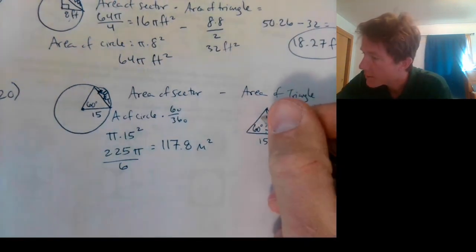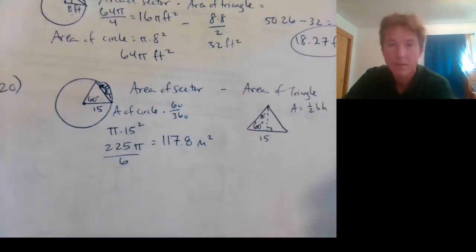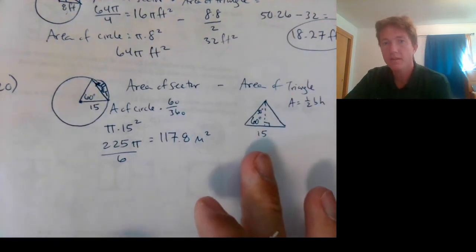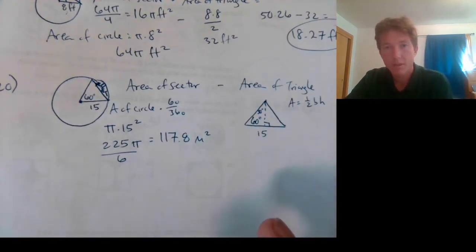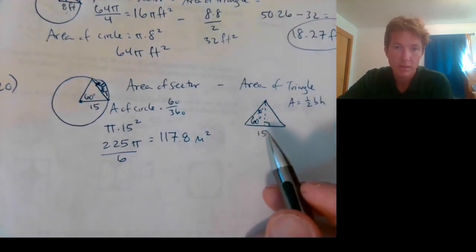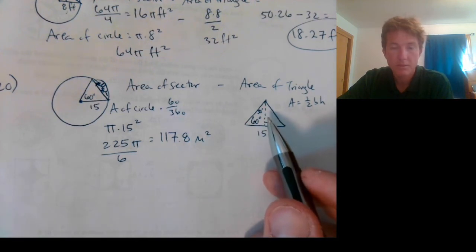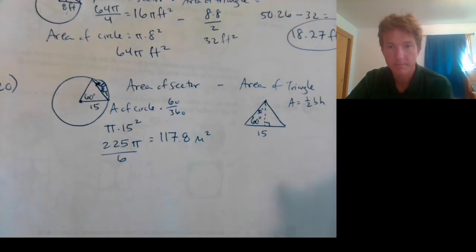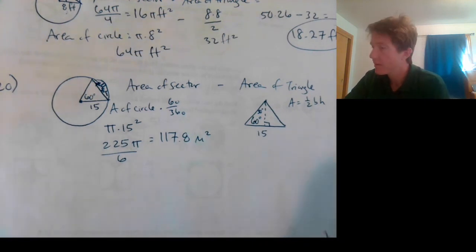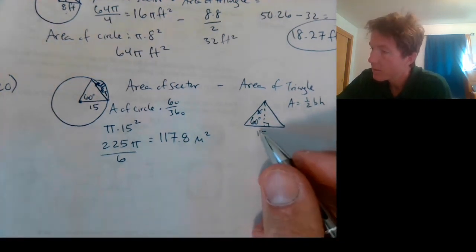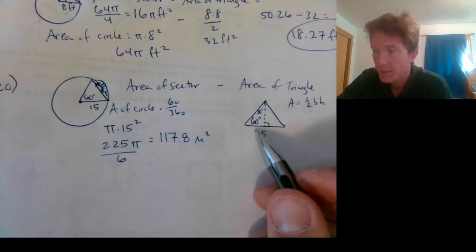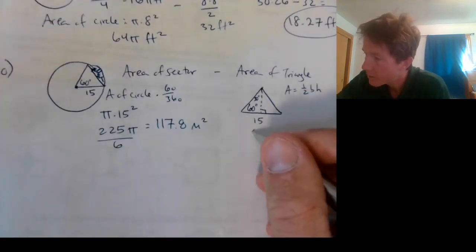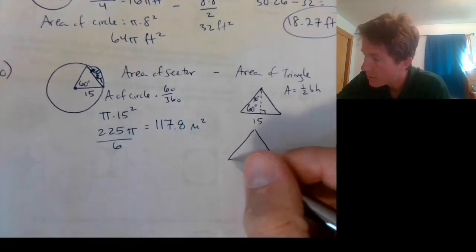This is now a 30, 60, 90 triangle. Okay, remember that the longer leg is equal to the shorter leg times the square root of 3. Okay, so the shorter leg here is going to be 15 divided by 2. So this is combining a few things.